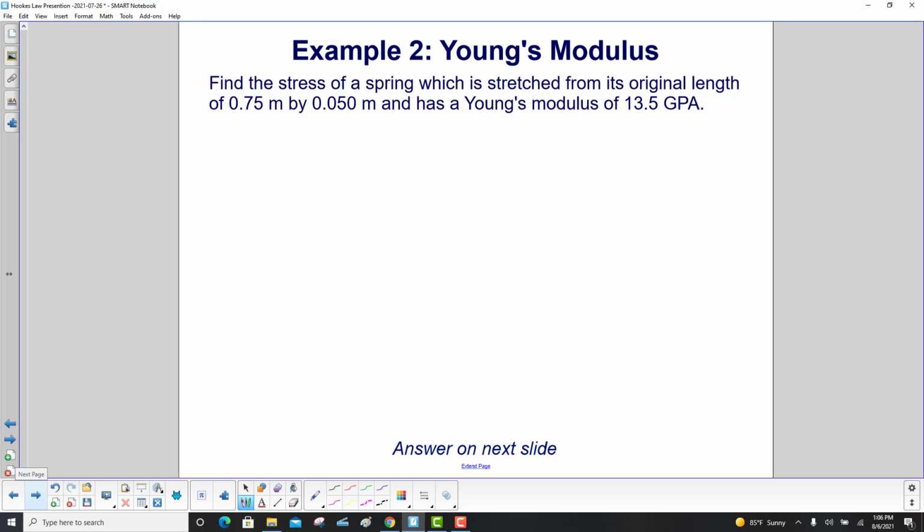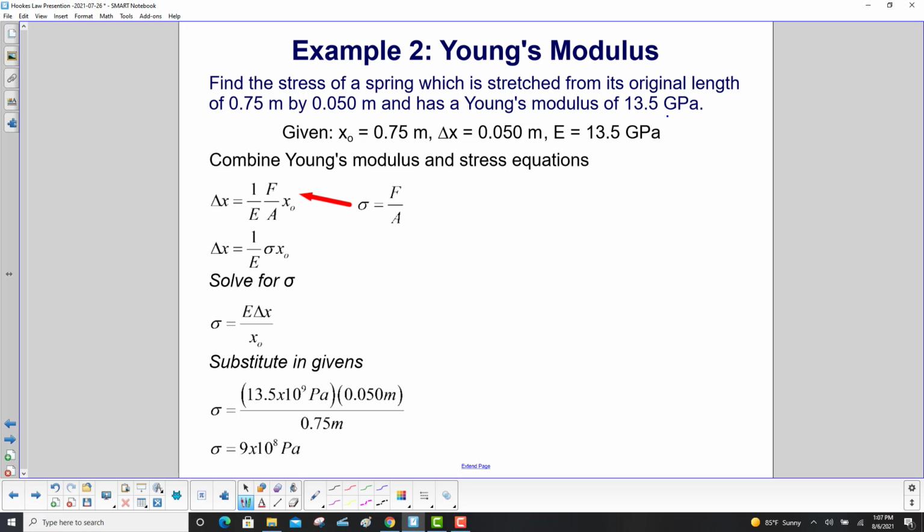Find the stress of a spring which is stretched from its original length of 0.75 meters by 0.050 meters and has a Young's modulus of 13.5 gigapascals. We have our givens at the top, and we're going to combine the Young's modulus equation with the definition of what? Of stress.